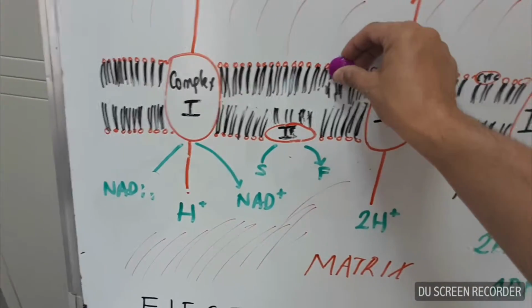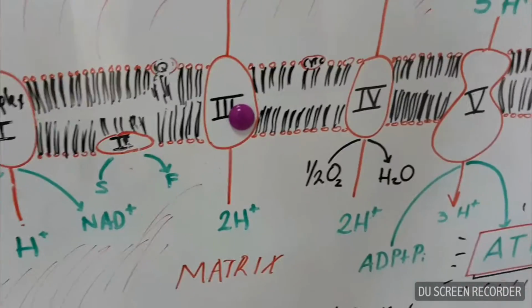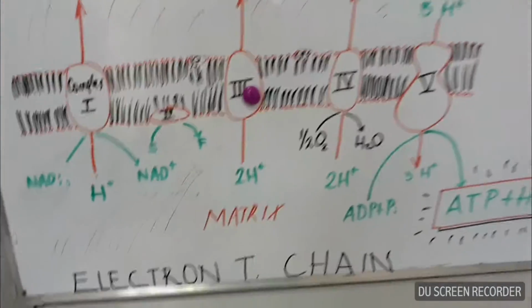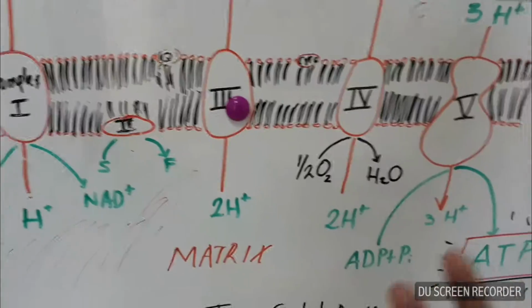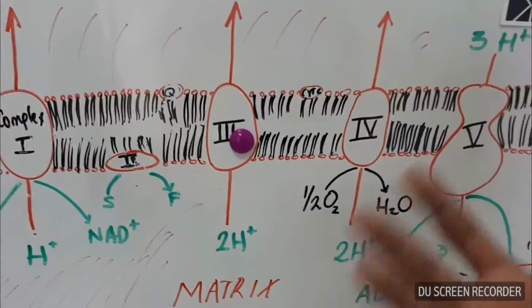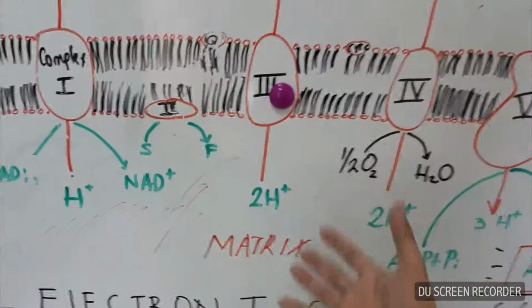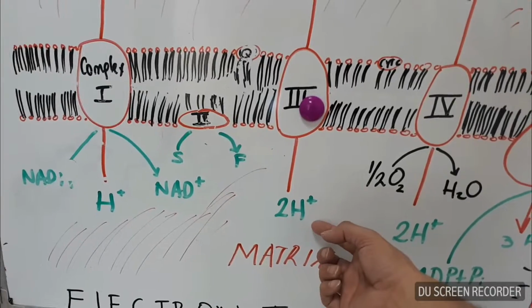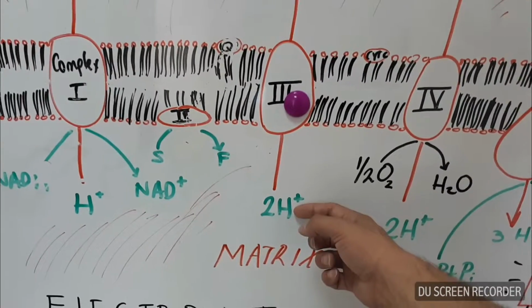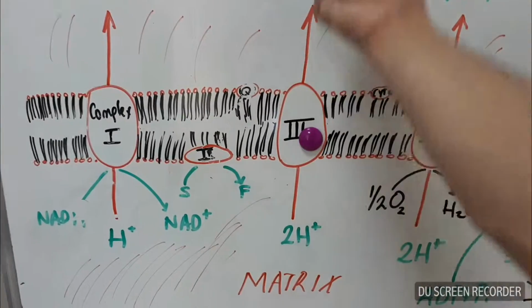So, next impulse. Pop. Coenzyme 3 or cofactor 3 or enzyme number 3 or complex 3. What is complex 3? Is another enzyme that will do the same process again. I have two hydrogens here, right? I have two hydrogens and I make exactly the same as I did before. Pull them out.